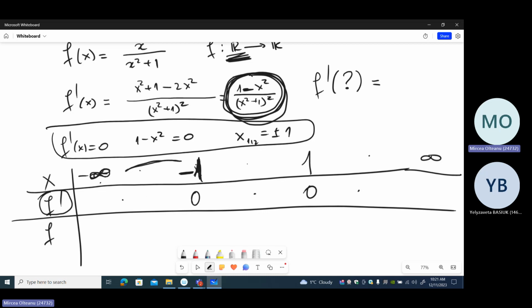So the second method could be a sort of verification. You understand what I'm trying to tell you? Yes. Okay, so what's the sign of f prime on this interval?